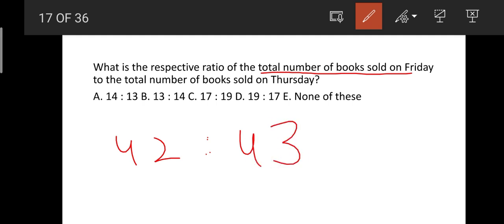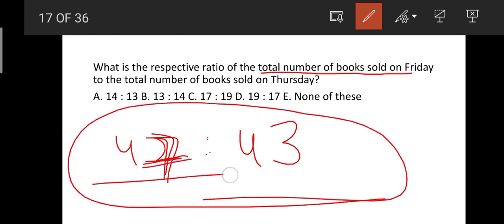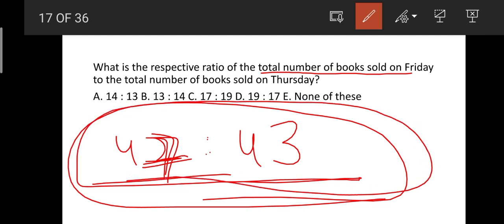Okay, on Friday it is nothing but 47, sorry. Here we got 47 and 43. As we do not find any such option here, we should opt for none of these. Okay friends, I think you have understood this also.